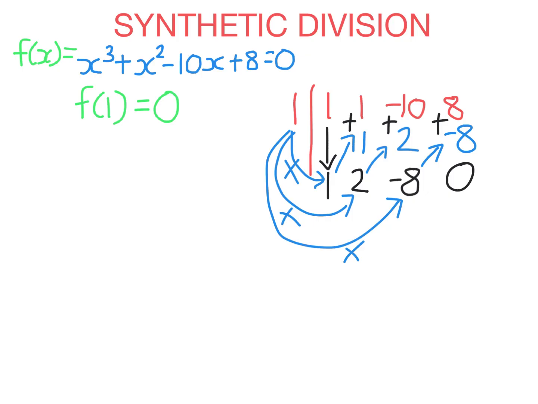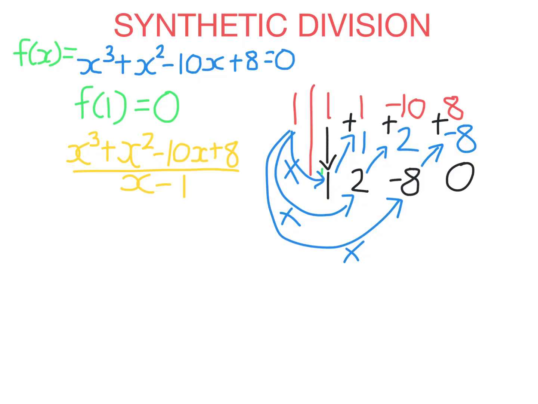So what exactly do these numbers mean? Well, we know that we are essentially dividing this polynomial by the linear factor x minus 1. Even though we didn't write this, we are doing exactly the same thing as when we use polynomial division. When we divide a cubic by a linear polynomial, the answer is a quadratic.